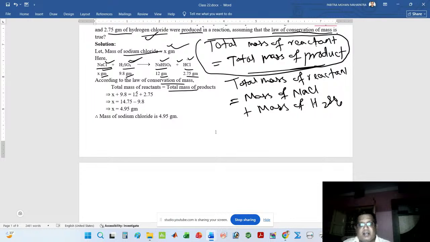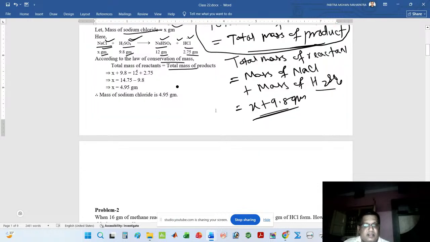Total mass of the reactant means mass of sodium chloride, taken as x, and mass of sulfuric acid, that is your 9.8 grams. So here I can write x plus 9.8 gram. This is the total mass of the reactant.